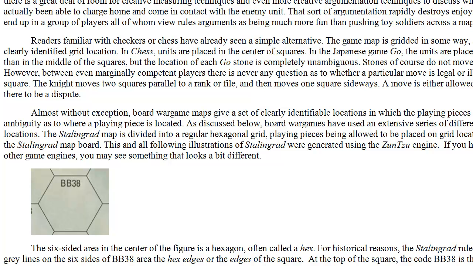The simplest answer is to say the map is an exact representation of the area, the unit counters are exact representations of the units, and where sits the unit counter, there precisely is the unit.